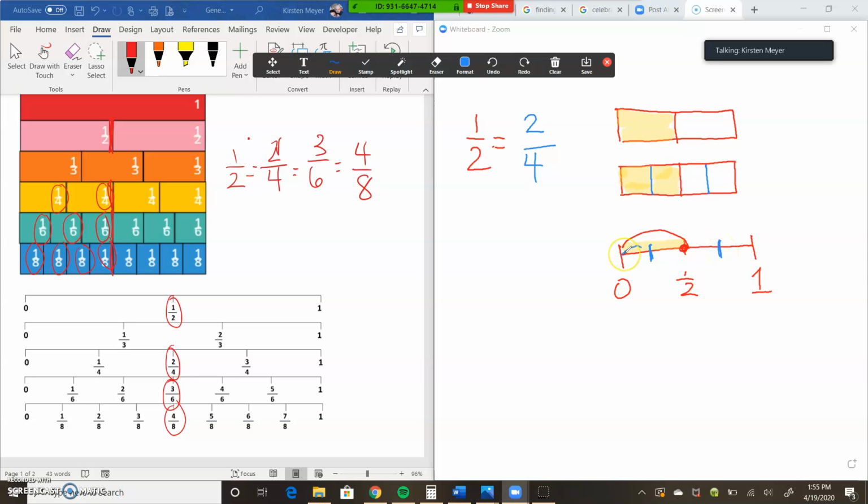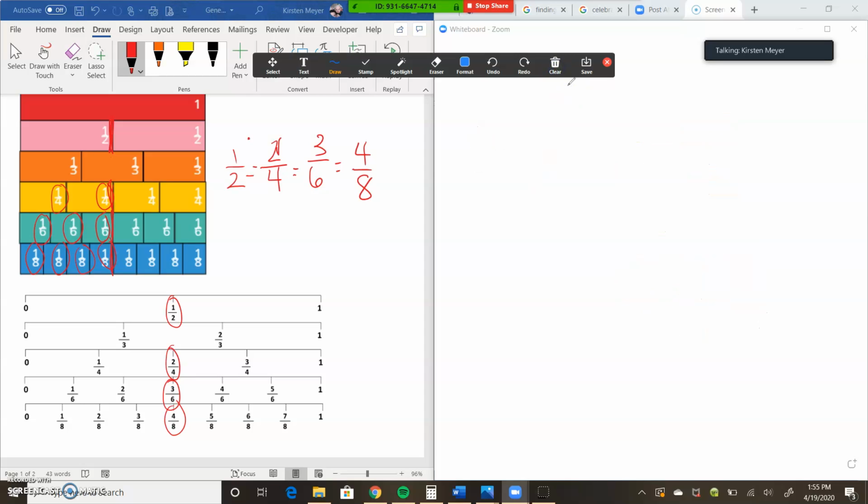So now I see I have 1, 2, 3, 4. So I would have 1/4, 2/4, 3/4, or 4/4. So I know that 1/2 and 2/4 are equivalent. So that's what we were working on yesterday.